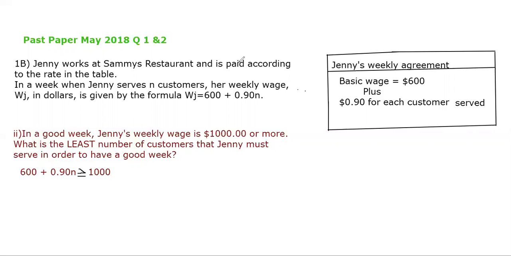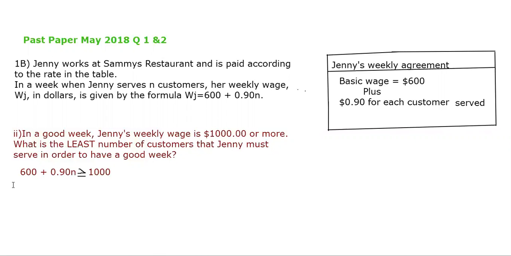The reason we don't use the equal sign is that if we do, we are trying to equate it to 1,000, and in a good week Jenny does not only get 1,000. Think of a situation where your parents give you $1,000 for your lunch money. You would say you get a good lunch money with $1,000, and it is even better if you get more.